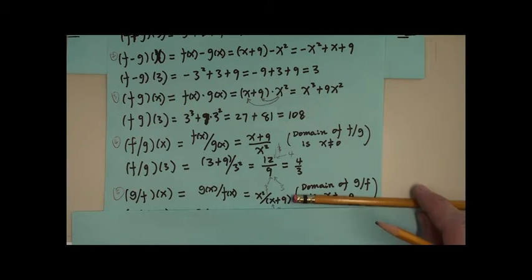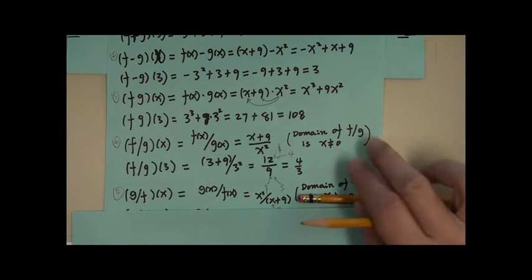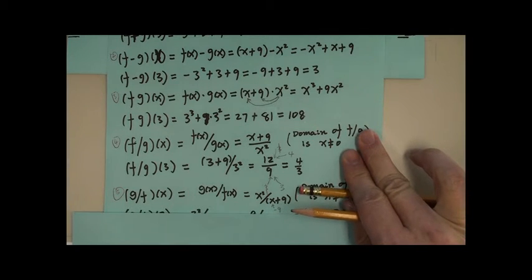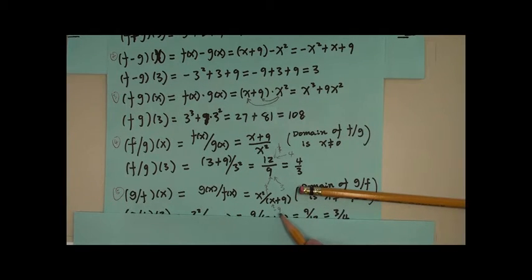And then again, be careful here, the domain is x cannot be negative 9. If x is negative 9, you plug in here, negative 9 and positive 9 cancel each other, you get the denominator is 0. Okay, so right here, the domain is all the reals but negative 9.